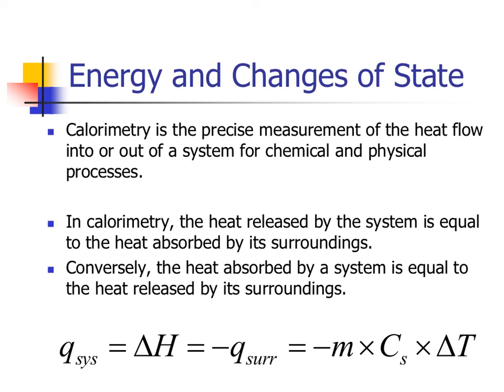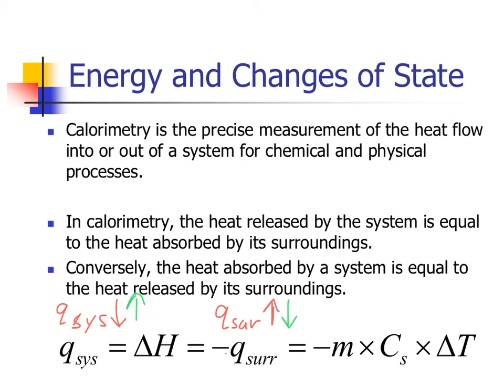If the system, and maybe writing it out might be best, if this Q of the surroundings, or the energy of the surroundings, goes up, that means the Q of the system needs to go down. Now, if the Q of the surroundings goes down, that means the Q of the system goes up. So there's an inverse part to it. As one goes up, the other one has to go down.